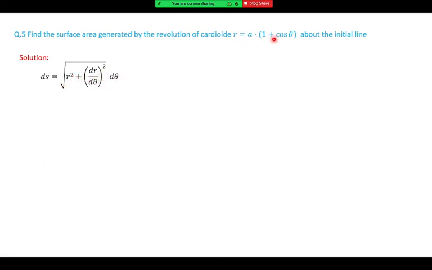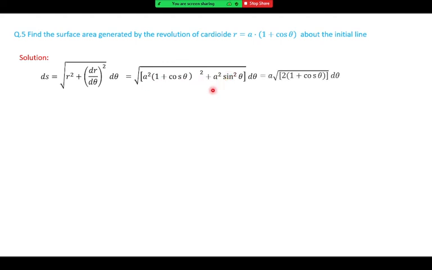So here is r, so you replace r square and dr by d theta, and we have to simplify that. Squaring and simplifying, we get this value of ds there. First we calculated ds.